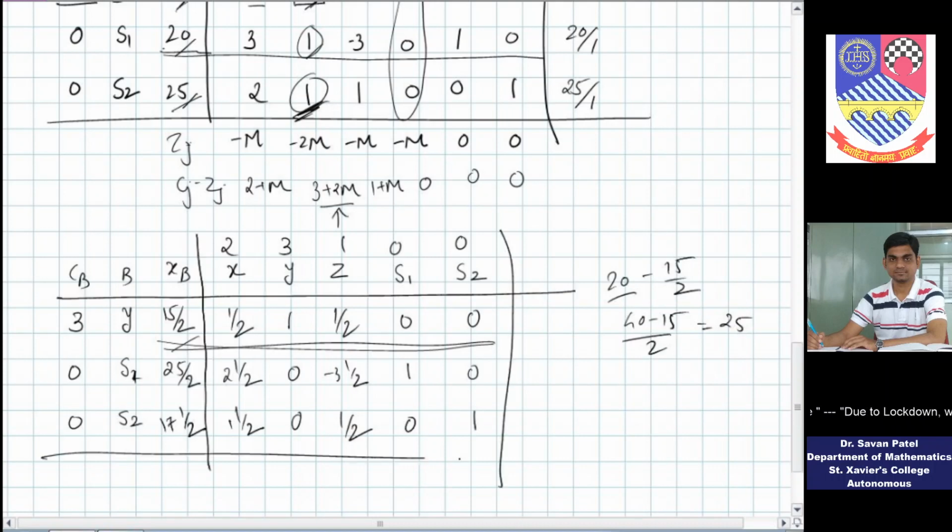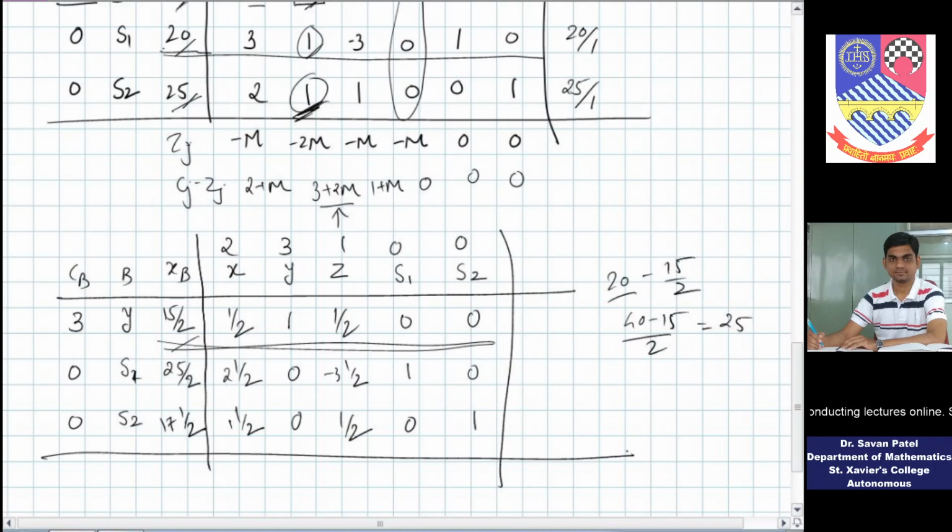Now again we have to proceed like the previous cases, means evaluate the Zj's and Cj's and all, and then we will continue like the simplex process. Okay, so for that we are now at the third stage, means first of all we have to evaluate Cj minus Zj.